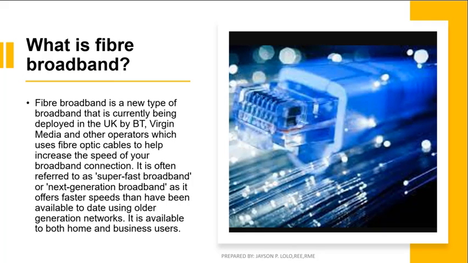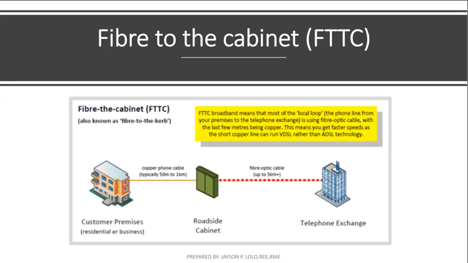So what are some terms, such as fiber to the cabinet or fiber to the home? So let's discuss the fiber to the cabinet, which is FTTC. So this is the diagram of the fiber to the cabinet. So FTTC broadband means that most of the local loop, which is the phone line from your premises to the telephone exchange, is using a fiber optic cable.